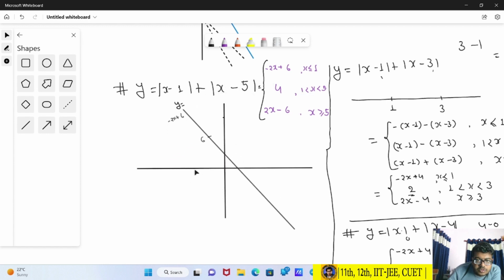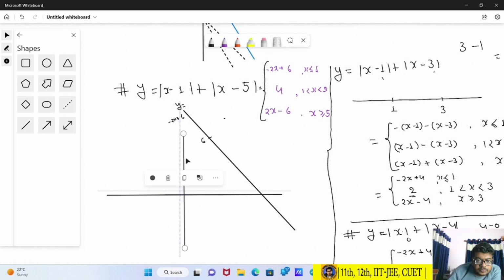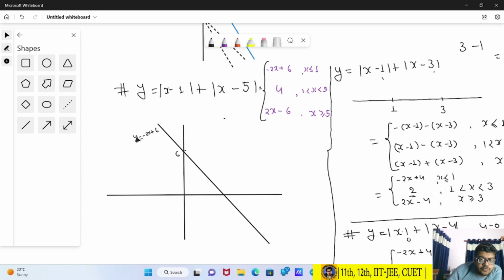Now we draw y equals 4, a horizontal line at y equal to 4.